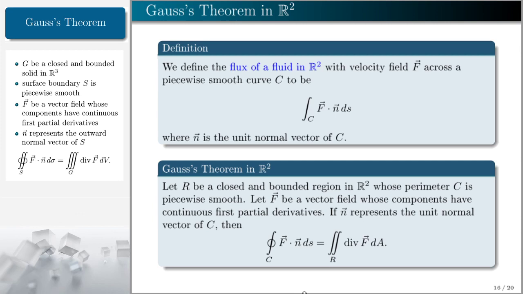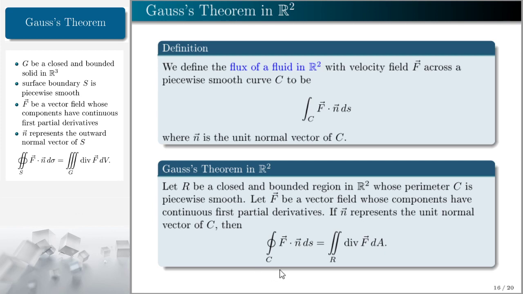We will see that in R squared, we reduce the dimensions of both sides. That is, instead of having a surface integral on the left, we only have a line integral. And instead of having a triple integral on the right, we only have a double integral. Of course, this is over the area A in comparison to the volume V for Gauss's theorem in R3.